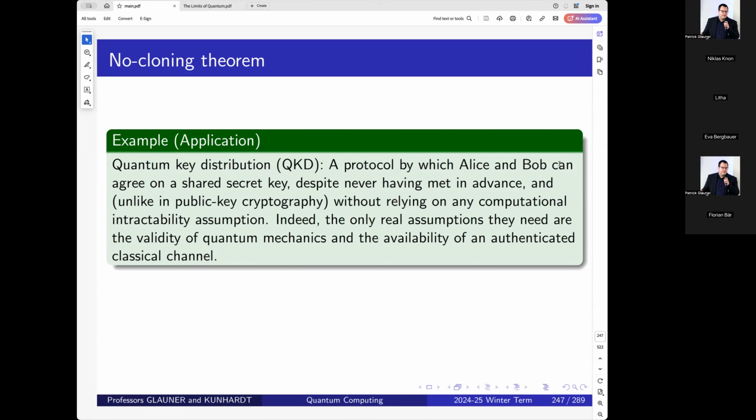And contrary to public key cryptography, without relying on any computational intractability assumption. That's what you would typically have in a public key cryptography setting. However, instead, for quantum key distribution, there's only one real assumption they need, and that's the validity of quantum mechanics and the availability of an authenticated classical channel.